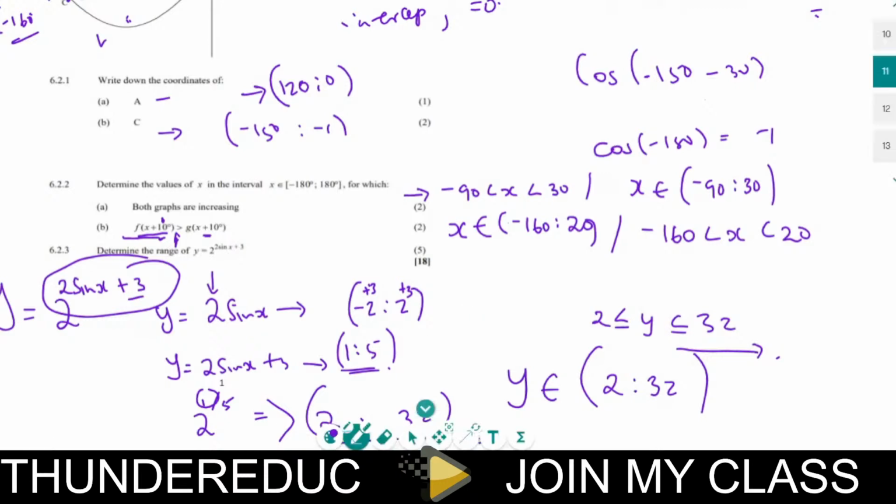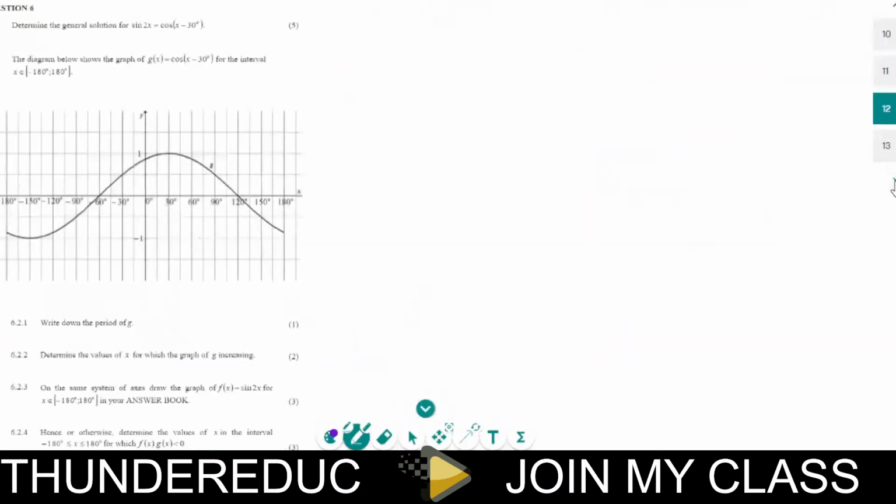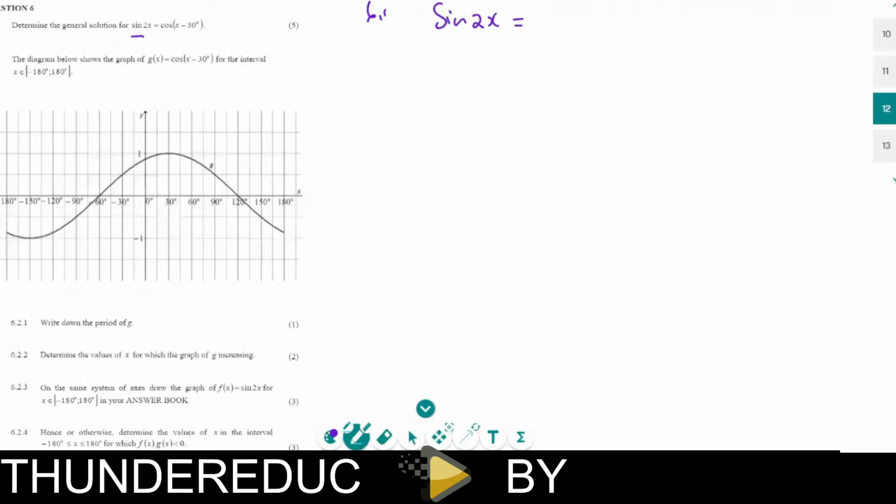All right. Then the next question, they want us to determine the general solution of this. So 6.1, we shall say sine 2x is equal to the cos of x minus 30.